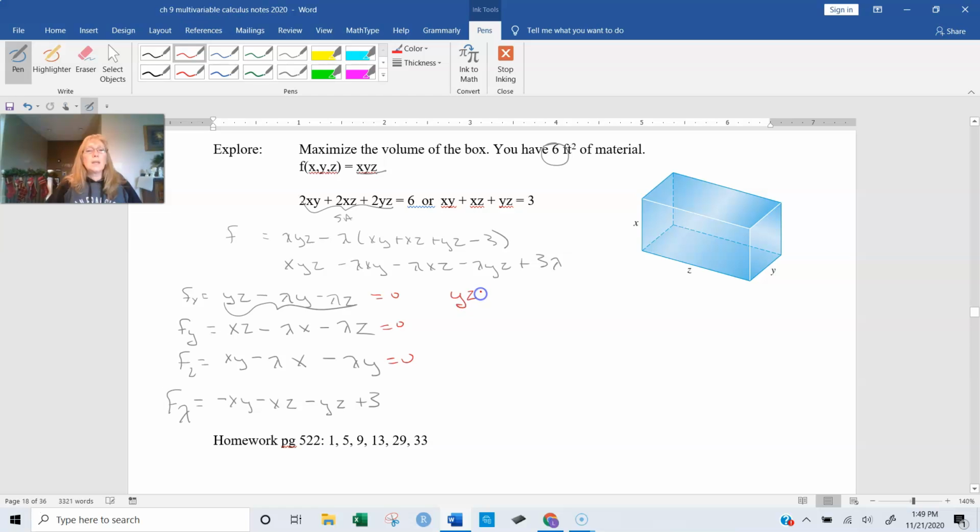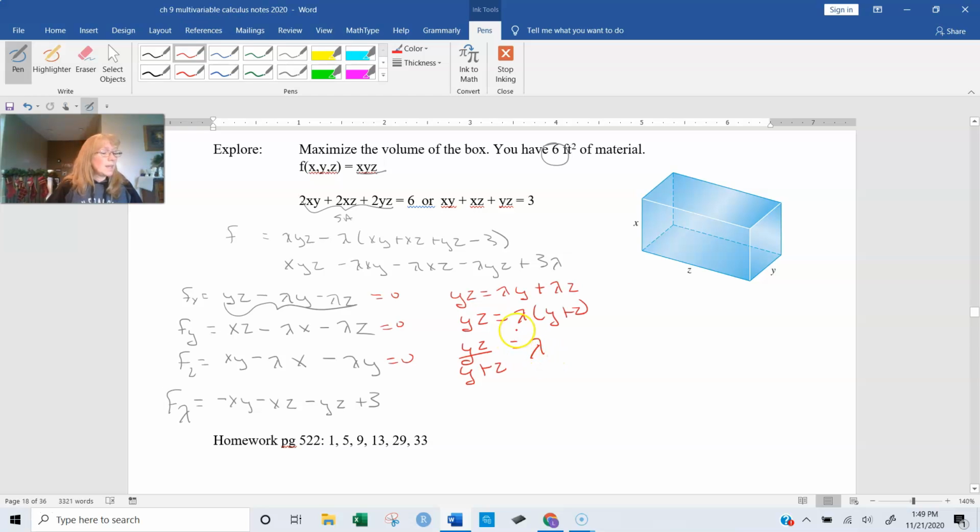So yz equals lambda y plus lambda z, factor out your lambda, divide by y plus z, and this equals lambda.